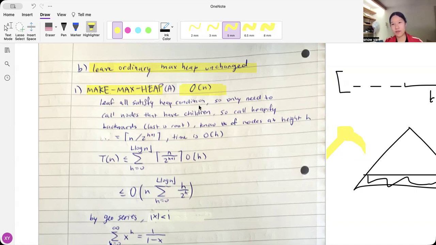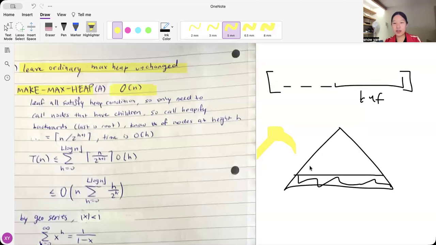For a leaf, because it doesn't have any children, the condition is already satisfied. So the only things we actually need to check are the nodes that have children. If we think about the structure of the heap, there are only a few elements at the top, and most of the elements are concentrated at the bottom, which are the leaves.